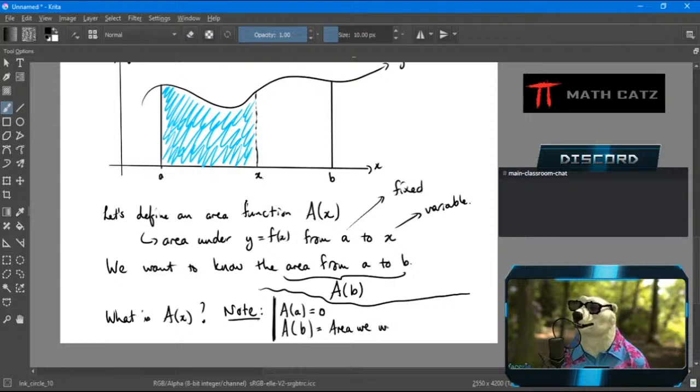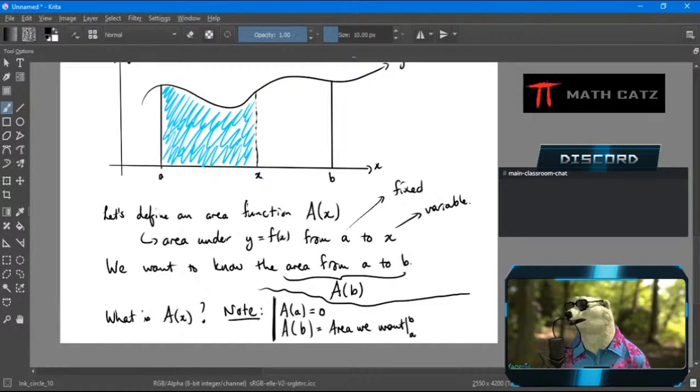Now let's name this. Let's just call it area we want. We can name it whatever we want. It's the area we want.